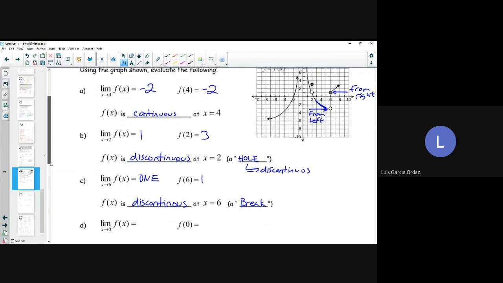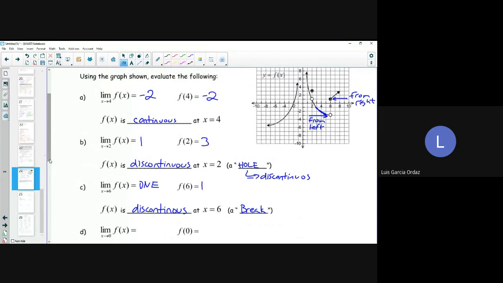Okay. Now let's look at the limit as x approaches 0. What would the limit be as x approaches 0? Positive infinity. Now, if I were to ask you guys to tell me the y value of f at 0, what would it be?